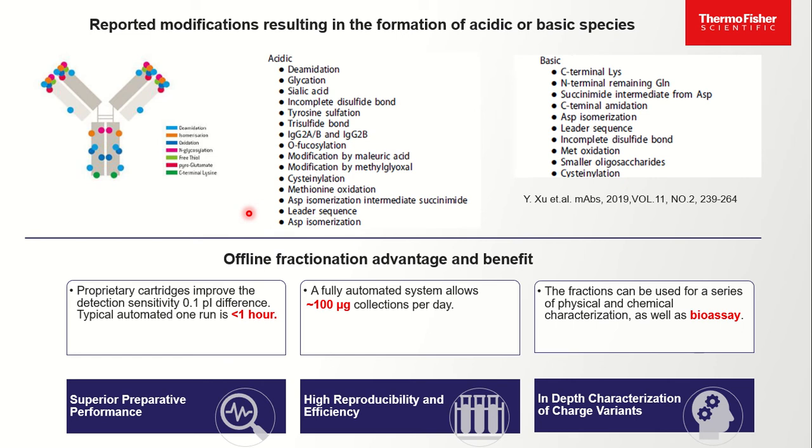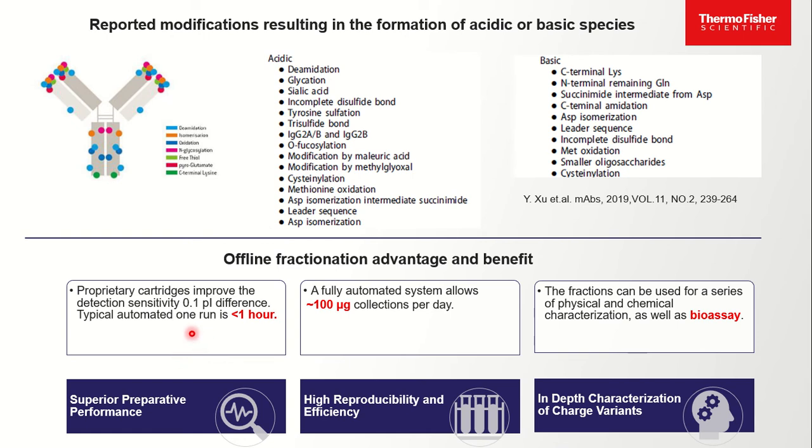During the offline fractionation, the charge isoforms are separated by their pI value and collected in turn. The automatic preparative workflow provides the following advantages and benefits. The patented cartridge can separate pI differences down to 0.01, and one typical run is usually less than 1 hour.